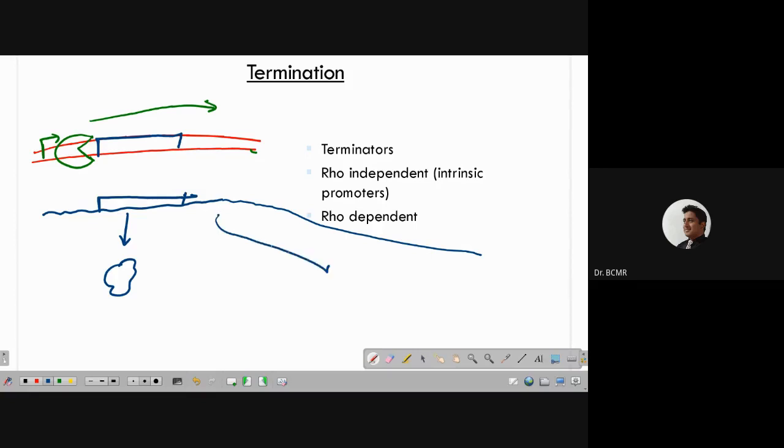All this part of the RNA is a waste. It's a waste of energy and resources, because you consumed energy for producing it, and again you have to degrade so much. So it's twice a loss.